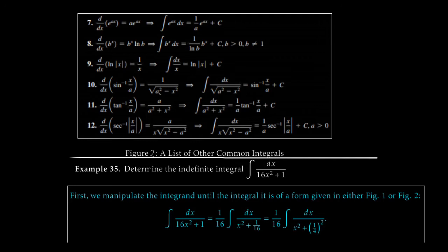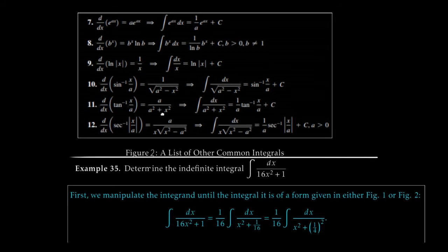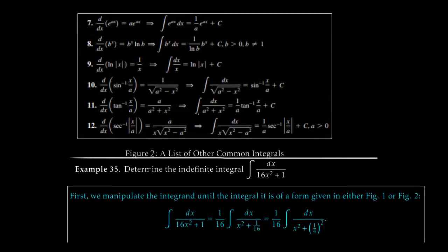If I look up at my chart here, maybe something like the integral of dx over a squared plus x squared might work. Let's see if we can turn it into something of this form.